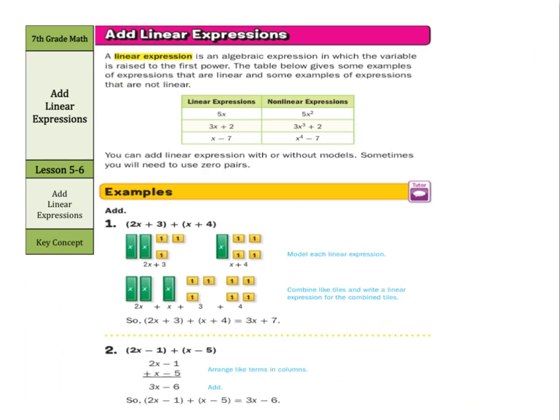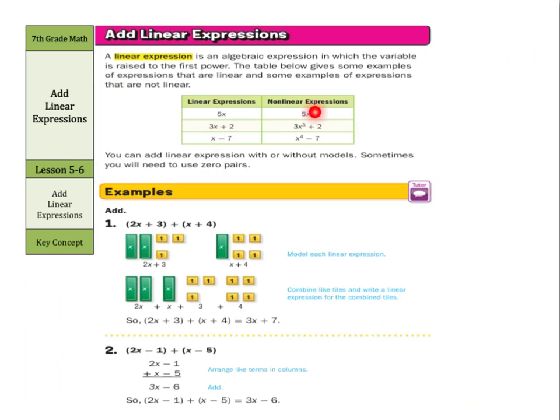A linear expression is an algebraic expression in which the variable is raised to the first power. The table below gives some examples of expressions that are linear and some examples of expressions that are not linear. Well, we have our linear expressions here, 5x, that's to the first power. 3x plus 2 is certainly to the first power, as is x minus 7.